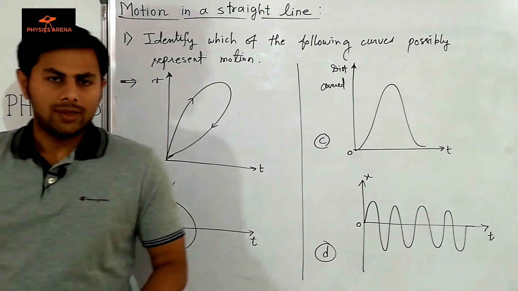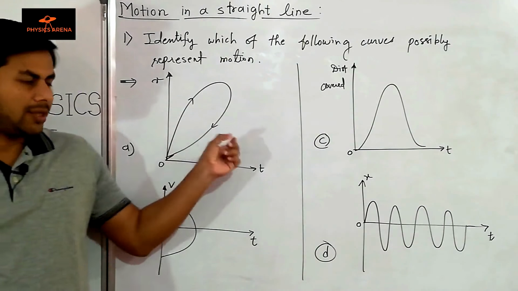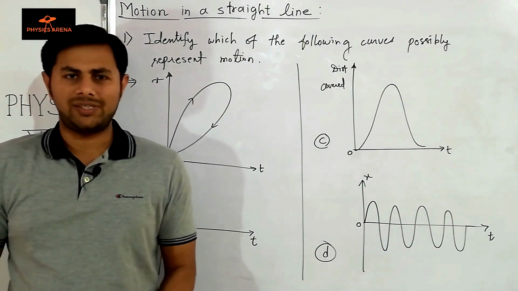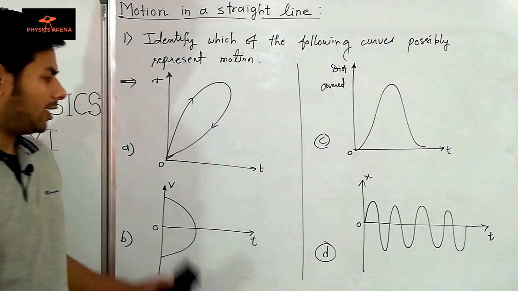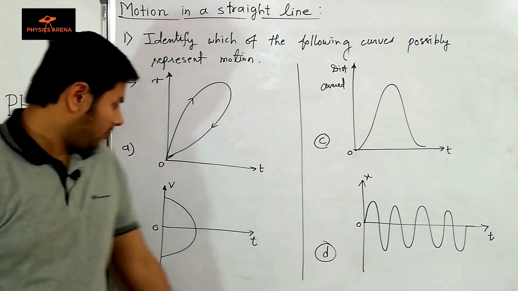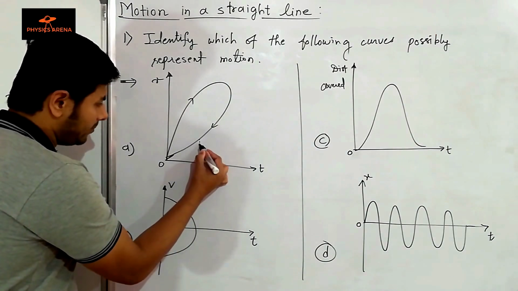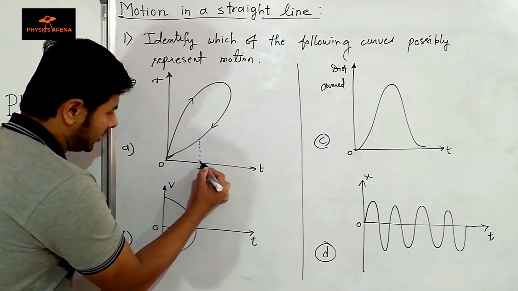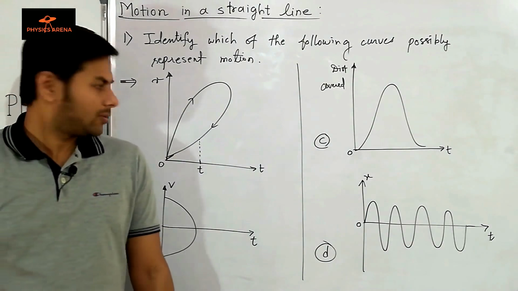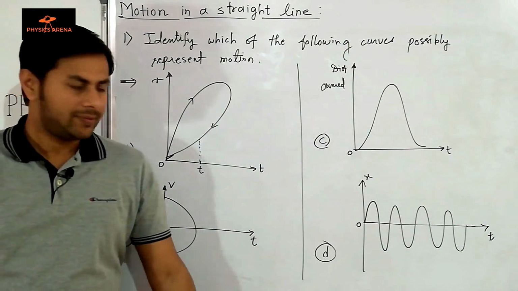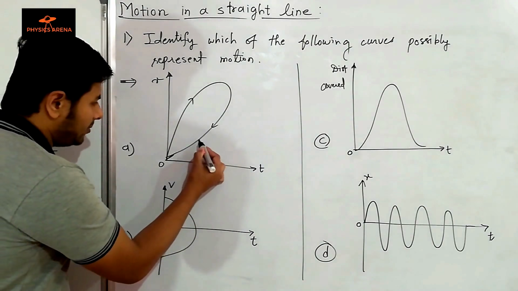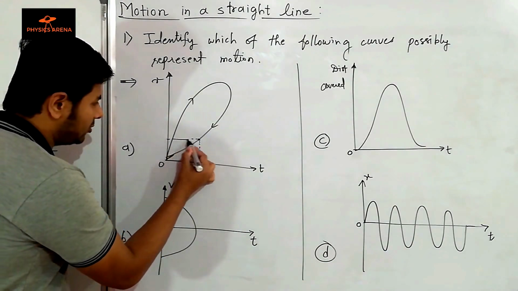Okay, so what do you think? This curve represents motion or it doesn't represent? So answer is no, and the reason is, if we take some time, suppose this is any time t, from here to this point, then you will find that at this time the object is having these two positions.